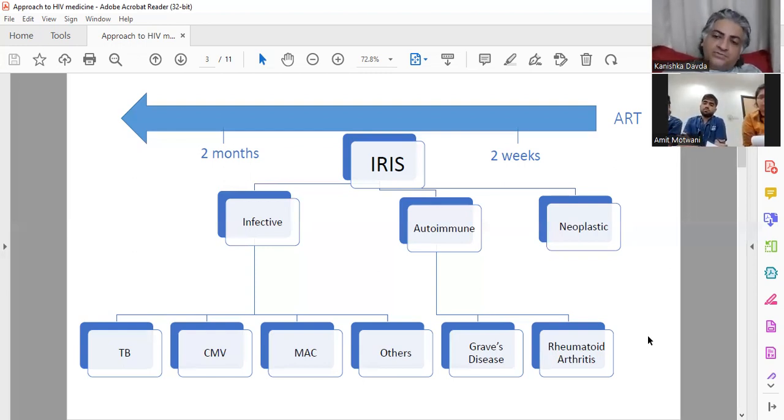So what happens is once we give the ART, एक तो वो viral load पूरा कम हो रहा है. Viral load is getting reduced by the drugs. So once viral load comes down, the CD4s, they are already multiplying, but they were not able to multiply earlier because of the virus.